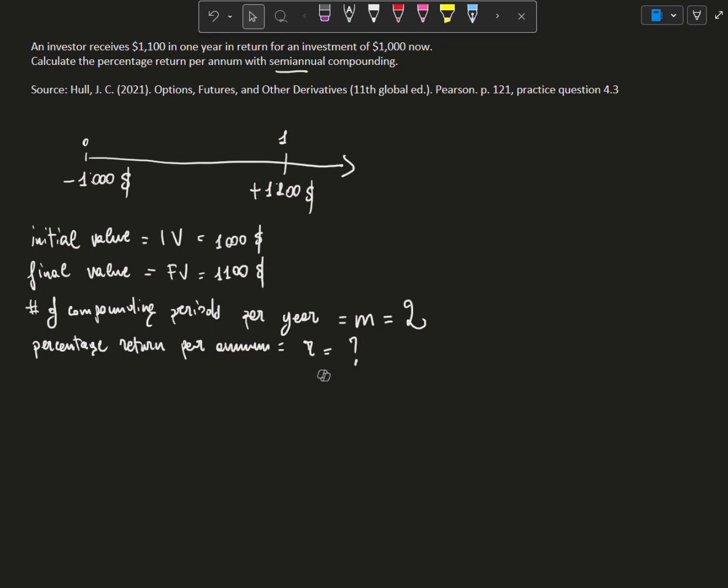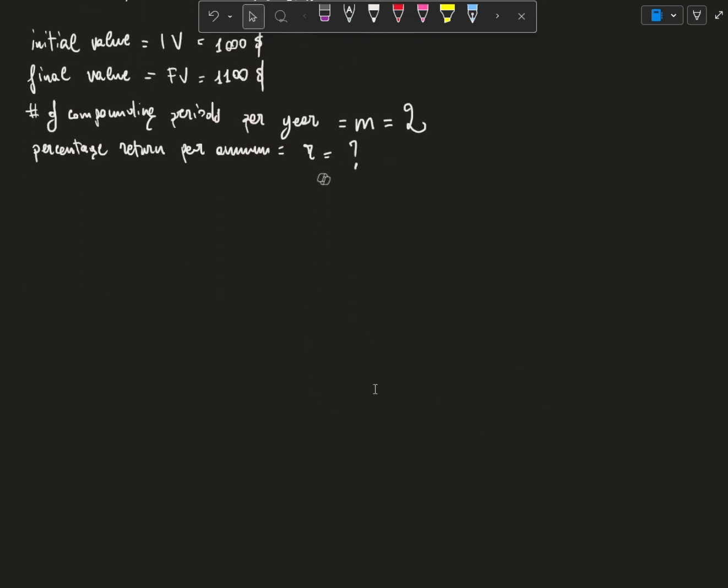So let's try to find our way to calculating this unknown. What we know is that the growth of our principal, our initial value, after 1 period would be initial value times 1 plus R over the number of compounding periods per year.